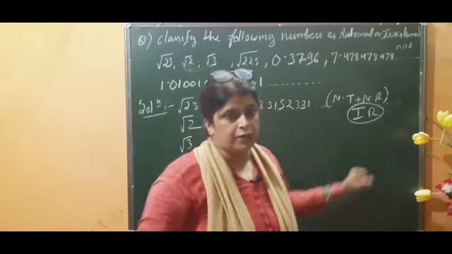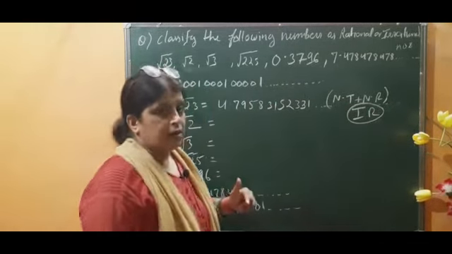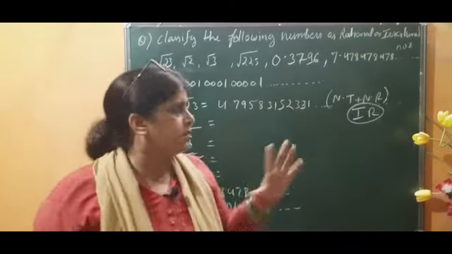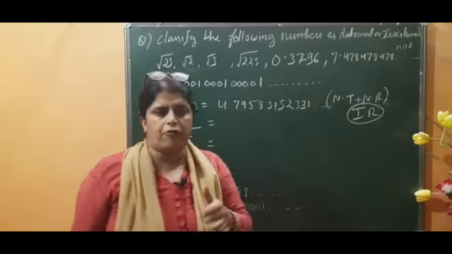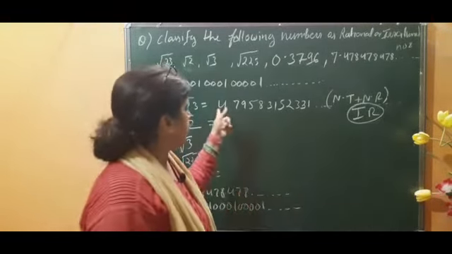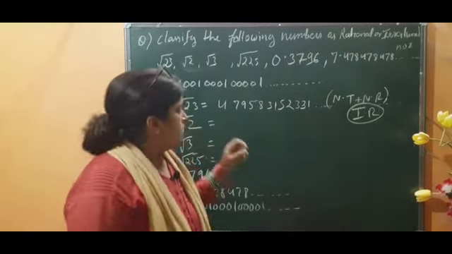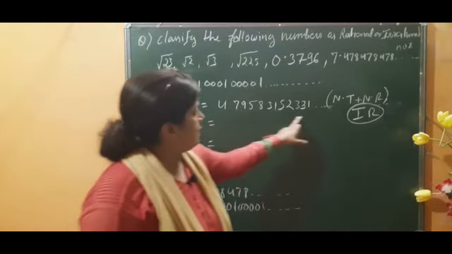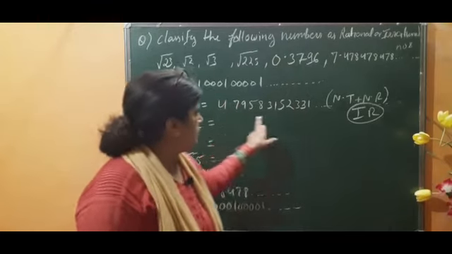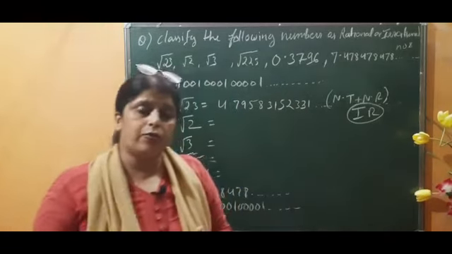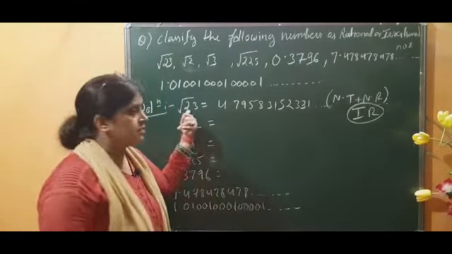Okay, that is the first thing. Second thing, use your common sense. These types of questions carry hardly half a mark or 1 mark, so it will take so much time if you convert this. So how will you recognize whether it is a rational or irrational number?